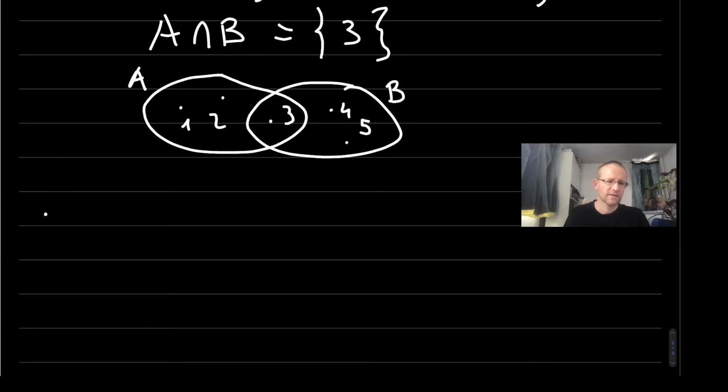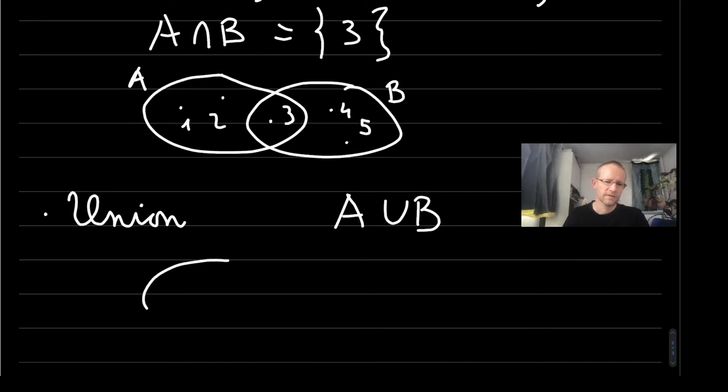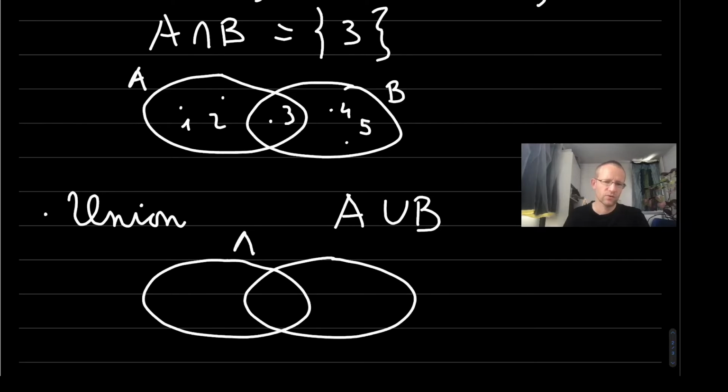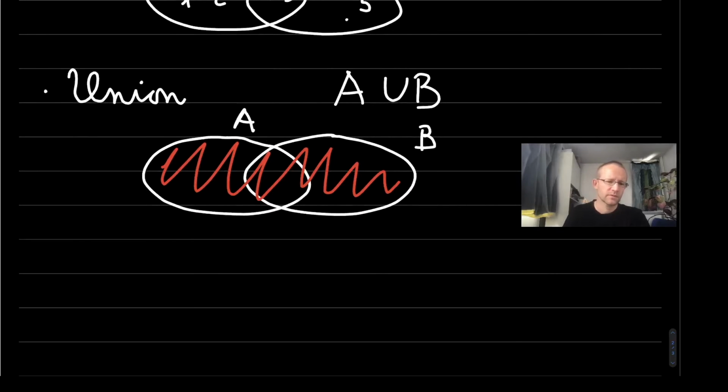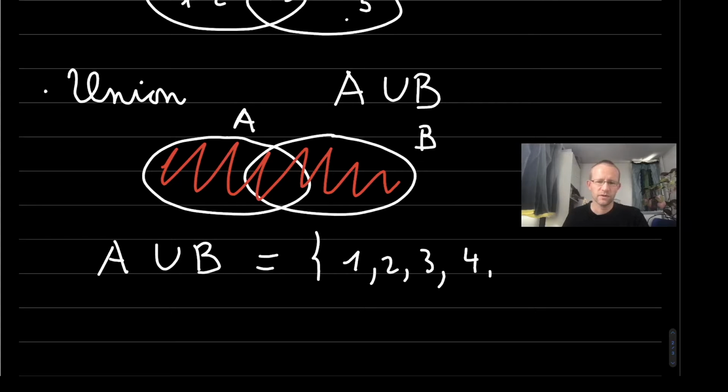The second operation on sets is to take their union. A union B is the collection of all elements that lie in either A or B. If we return to our example, in which A was the set containing 1, 2, 3, and B was the set containing 3, 4, 5, then A union B is the collection of elements 1, 2, 3, 4, and 5.